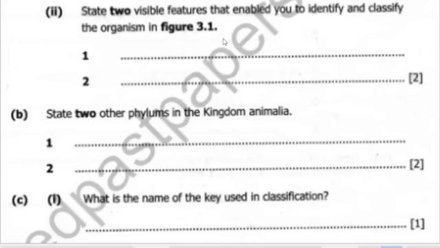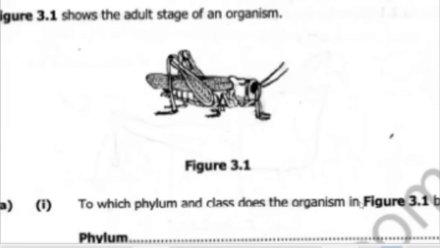Let us take a look at the diagram. This is the organism right here. Which two features enabled us to identify that it belongs to the phylum Arthropoda and the class Insecta?